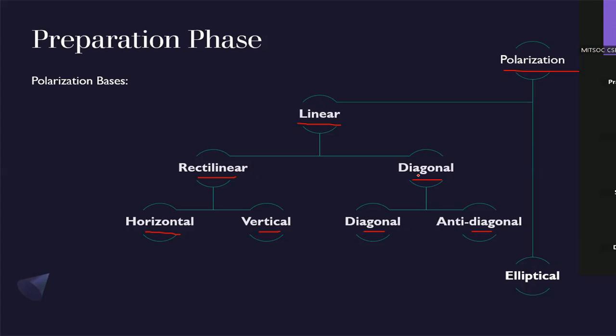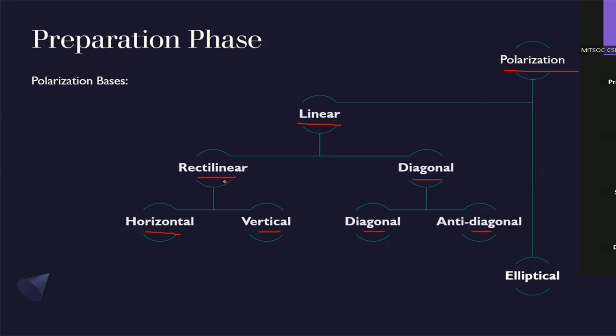Most of the time, in the BB84 and E91 algorithms, whenever required, we use linear polarization. So simply, polarization can be categorized into linear and elliptical.